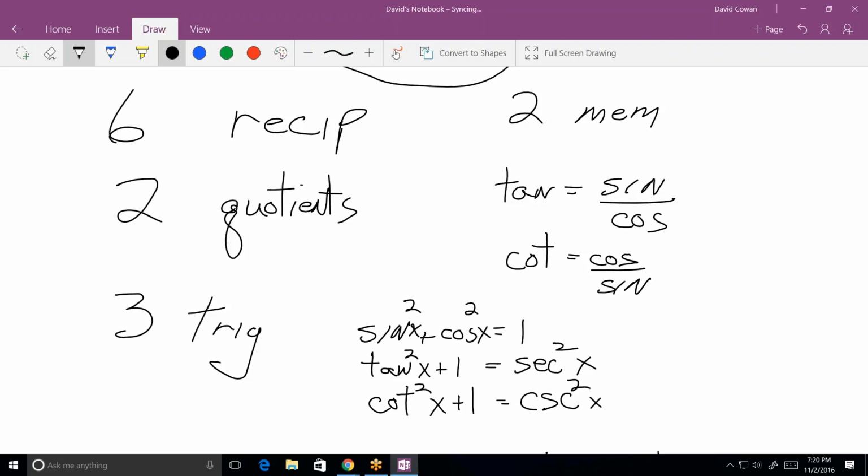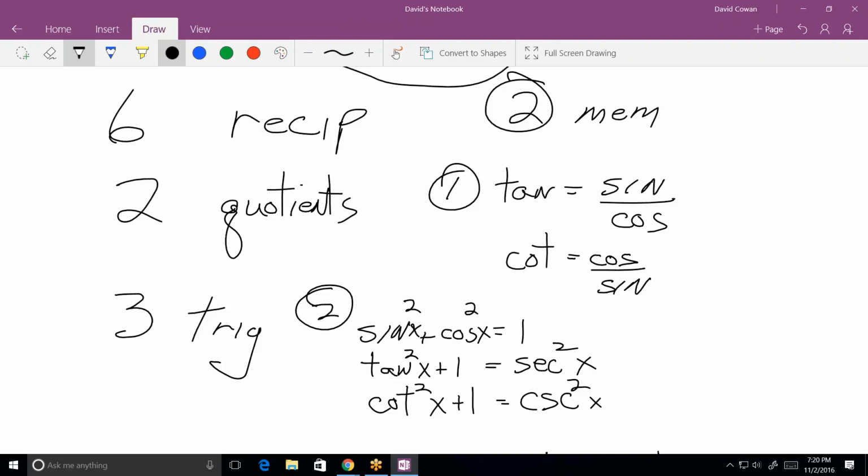So you have 2 things to memorize for the 6 reciprocals, you only have to memorize one thing for the two quotients, and you only have to memorize two things for the three trig identities. So you memorize 5 things and you can work out all 11 of them. And these are your key 11 trig identities.